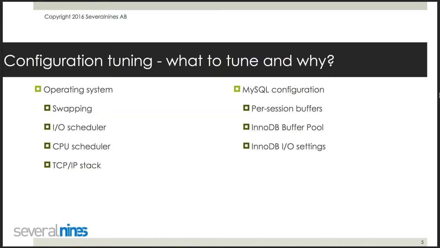But we're also talking about the operating system, because MySQL runs on some kind of OS, and we are assuming some version of Linux. So there are also settings like swapping, the I/O scheduler, the CPU scheduler, or maybe even the TCP/IP stack for wider network connections that you may want to look into and then tune.